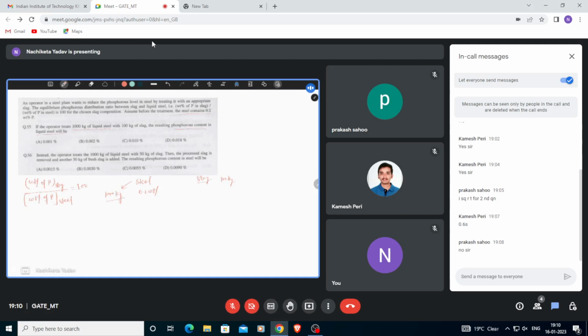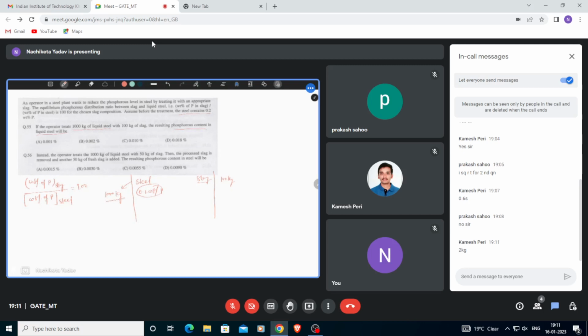How will we solve? Suppose it is given 0.28% in steel. Can you tell me the amount of phosphorus in steel? What will be the amount of phosphorus in kg? This is 0.28% phosphorus in steel, and we are taking 1000 kg of steel.